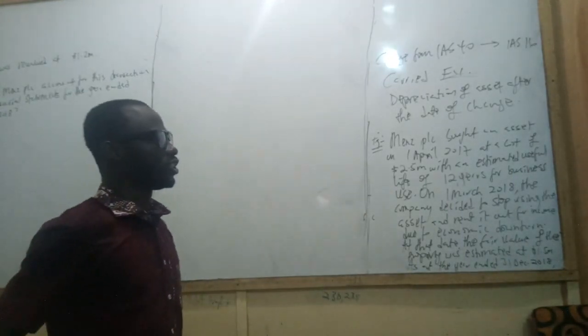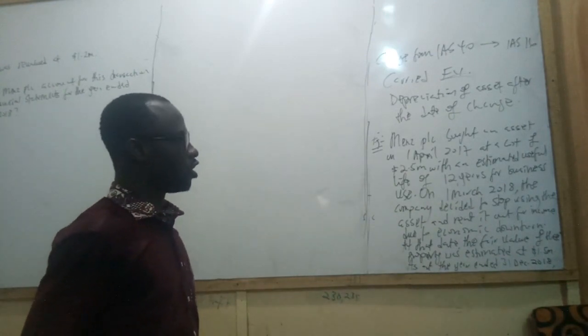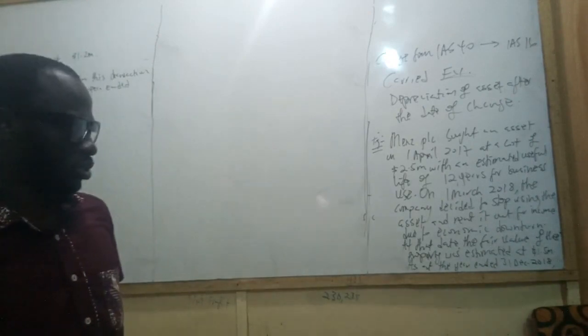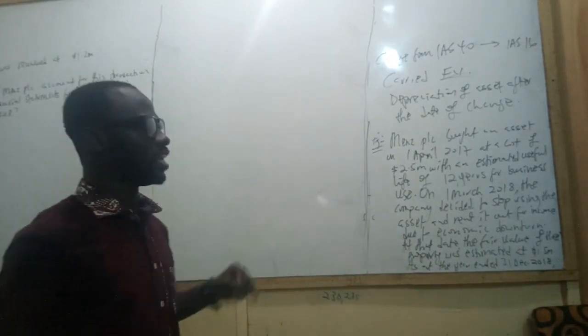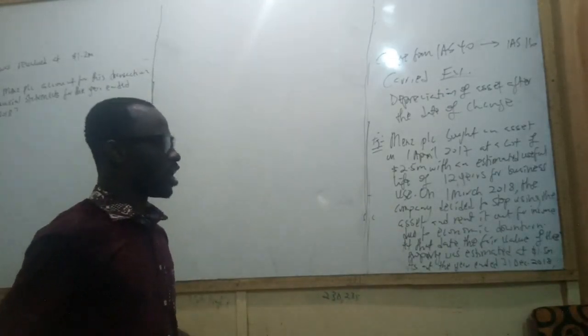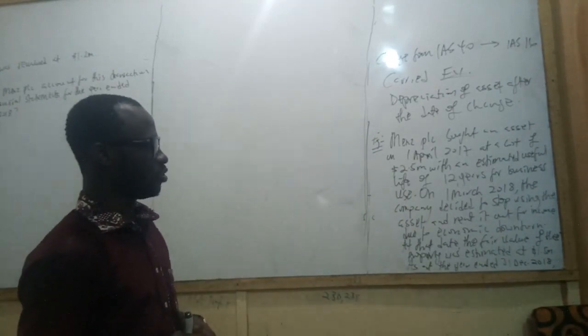Men's PLC bought an asset on 1st April 2017 at a cost of 2.5 million with an estimated useful life of 12 years for business use. On 1st March 2018, the company decided to stop using the asset and rent it out for income due to economic downturn. The city was not doing well.